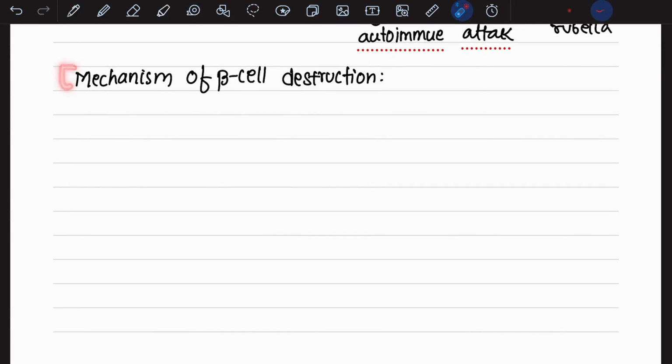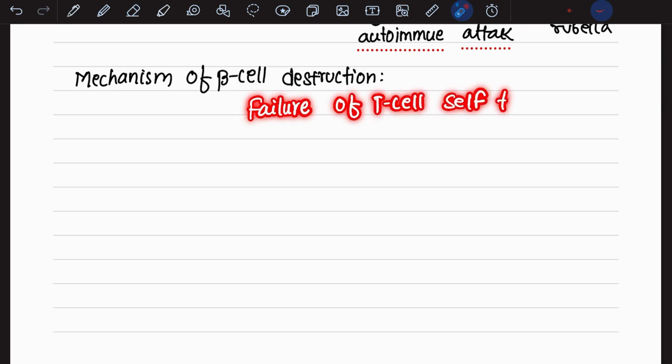We already know that it's an autoimmune process. So the fundamental abnormality that will be present is failure of T cell self tolerance. There are multiple mechanisms that get activated.